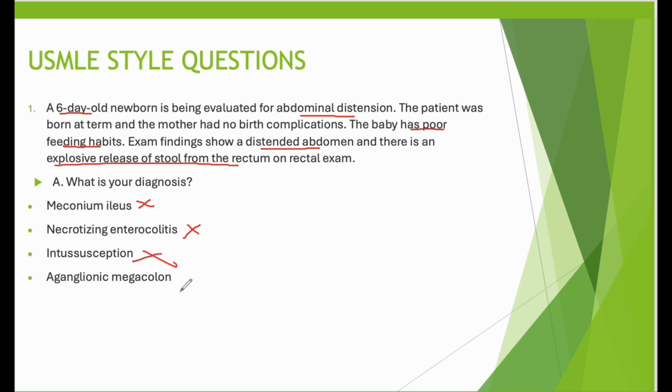So we are left with the option of aganglionic megacolon, also known as Hirschsprung's disease. So just take note that sometimes the question might not say Hirschsprung's, it can just say aganglionic megacolon, which is the answer of choice. So the answer was just based on the exam findings of explosive release of stools from the rectum. So whenever you see this in the question, your best answer is Hirschsprung's disease.